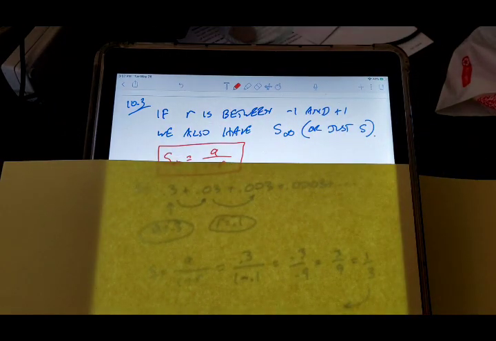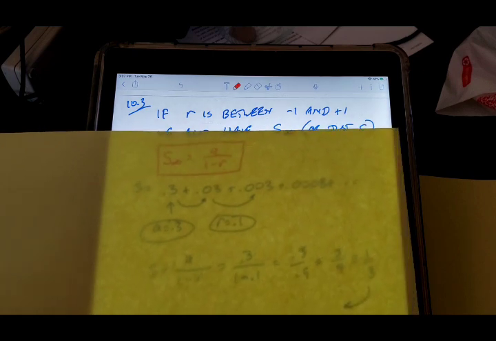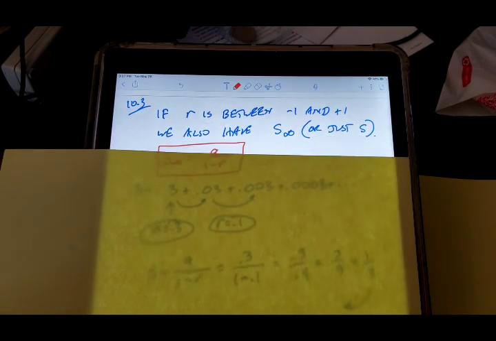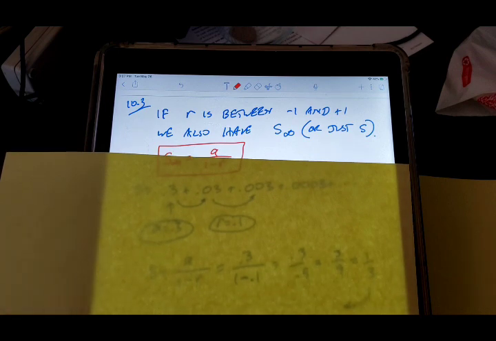Philosophers had trouble with this idea, but it's been proven, and I mean, by every child who's ever held a calculator, in a way, that if r is between -1 and +1, we also can talk about S sub infinity, meaning the sum of not the first n terms, but the sum of an infinite number of terms.